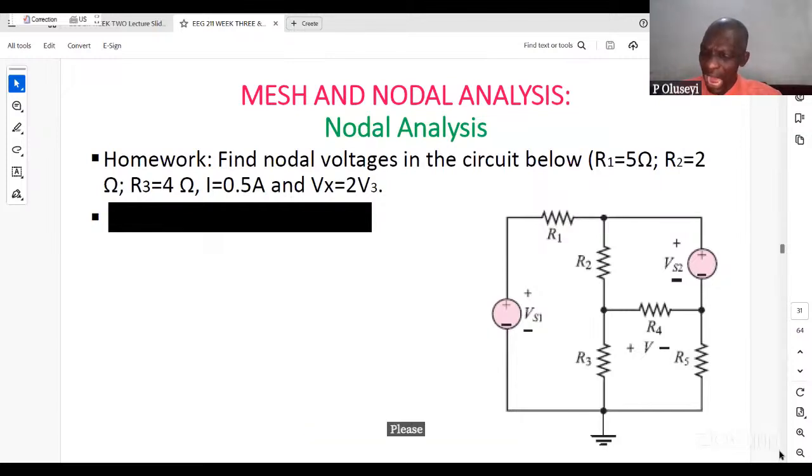Please put 10 ohms as your R4 and R5. And Vx1 and Vx2. Vs1 is 10 volts. Vs2 is 15 volts.